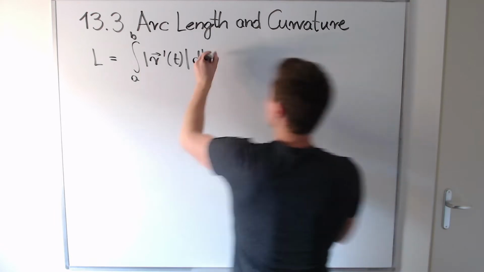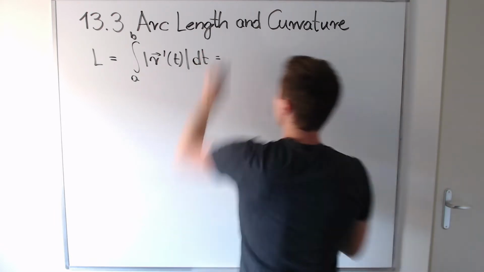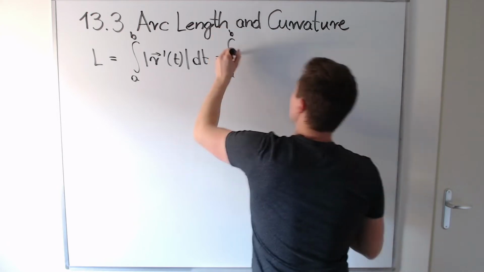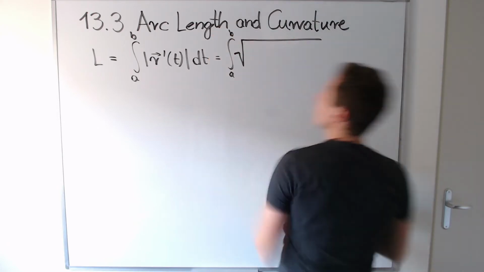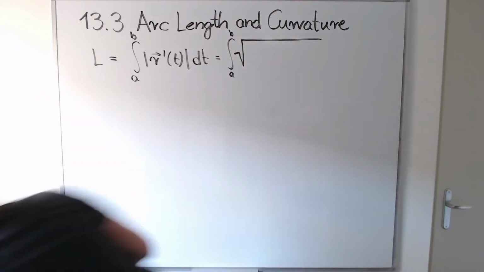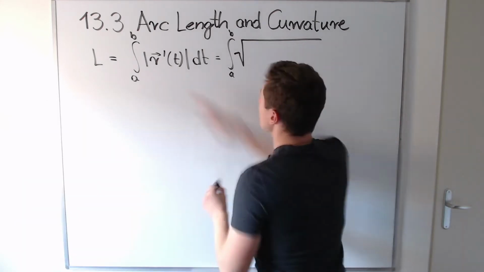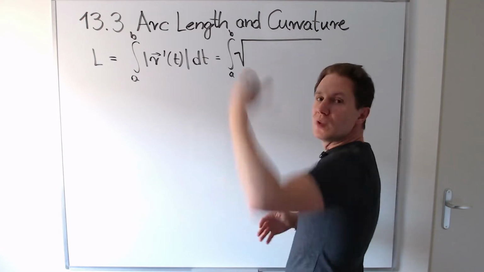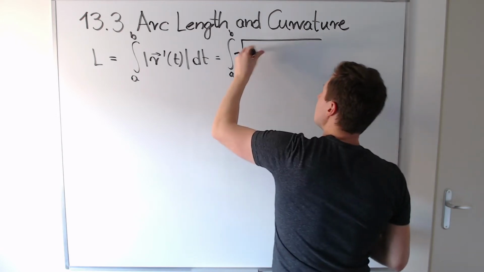The length of the derivative of r(t) is, of course, the square root of the squared sum of its components. And as you remember, the derivative of a vector function can be computed by computing the derivative of its components.